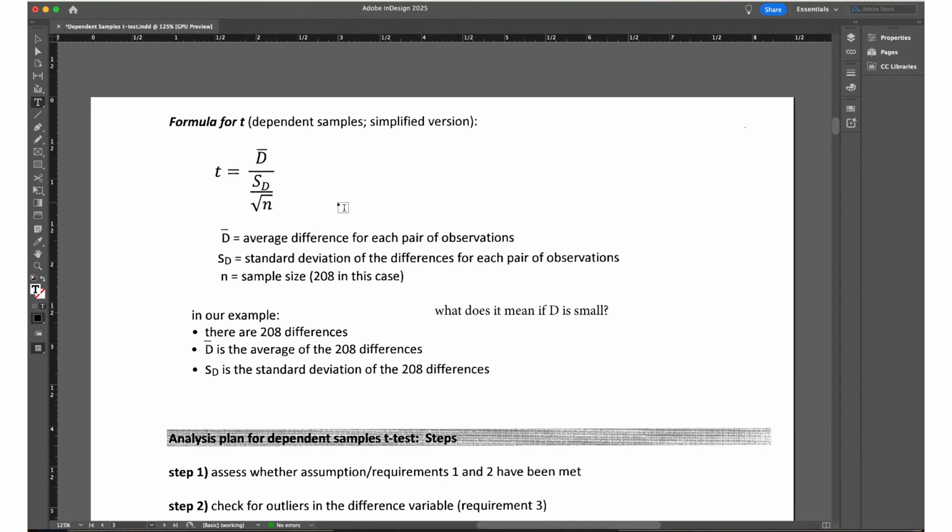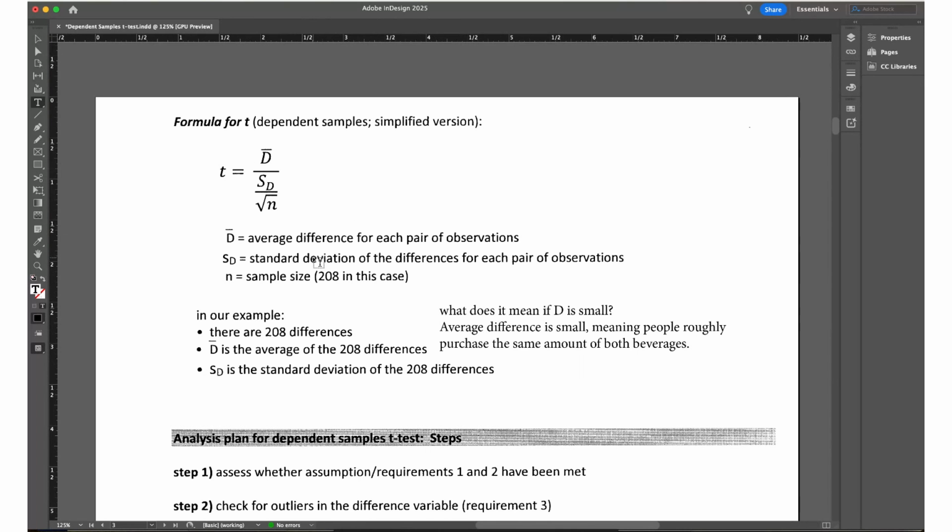Well, that would mean that the average difference is small, meaning people roughly purchase the same amount of both beverages. That's what that would mean when we see that.